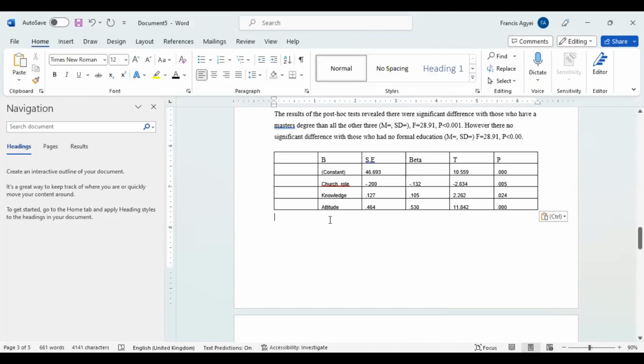Now, remember I said we write the R squared and then the F and then the P value. So this is how we do it. You come down here, R squared.